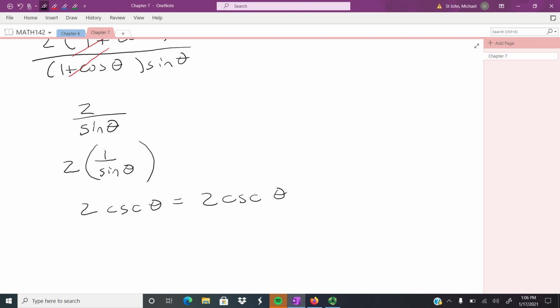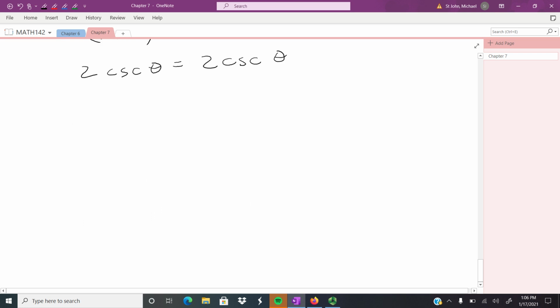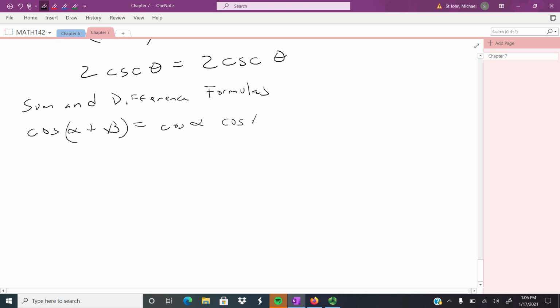Let's see, other formulas you're going to see in this chapter. So we got, first off, the sum and difference formulas. So we have cosine of alpha plus beta equals cosine alpha cosine beta minus sine alpha sine beta.